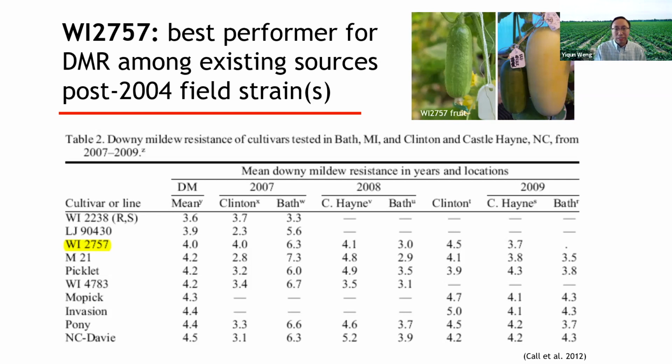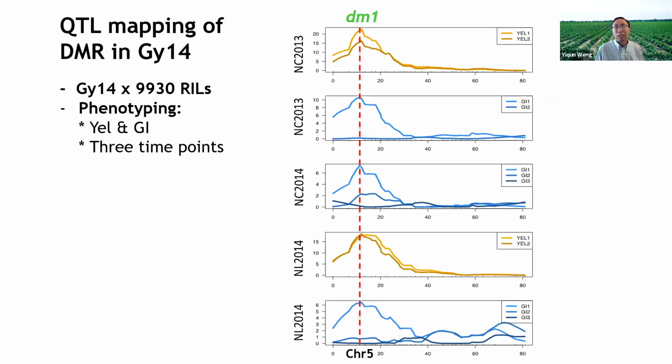So we were interested in doing QTL mapping in GY14 and 2757. We used classical QTL mapping studies. First, we used the RIL population from GY14, using the lines Gy14 and Colossus.